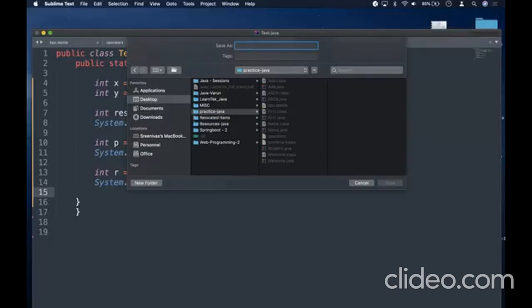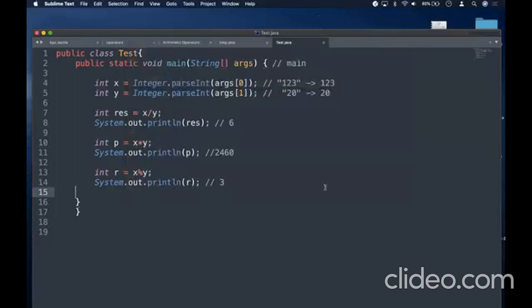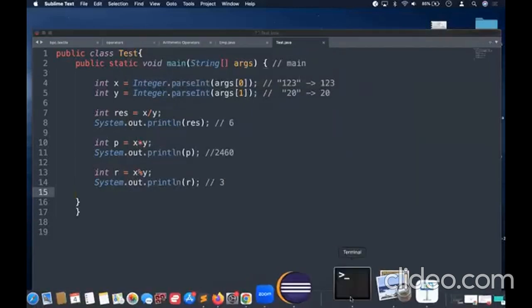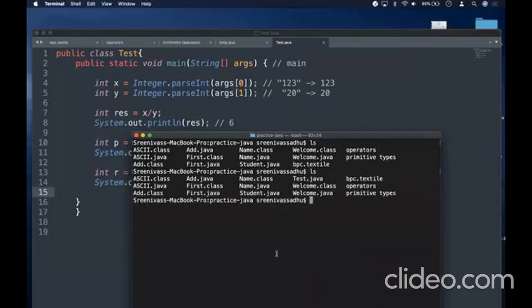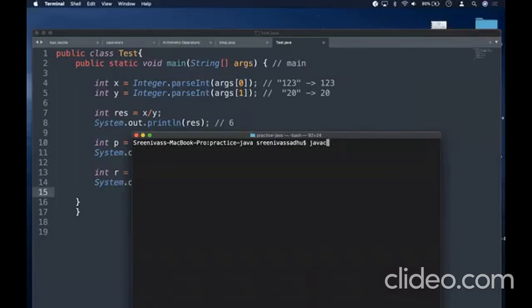Yeah, this is test.java. Let me see ls, and you will see test.java is available. Now let's compile this, javac test.java, and we'll get compiled successfully.